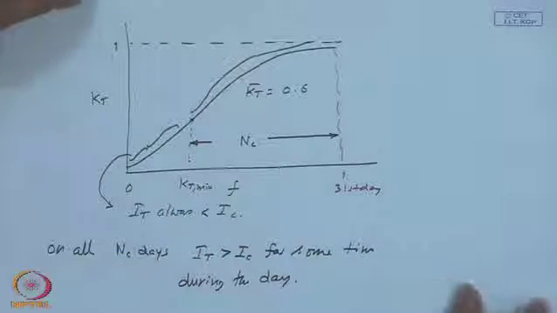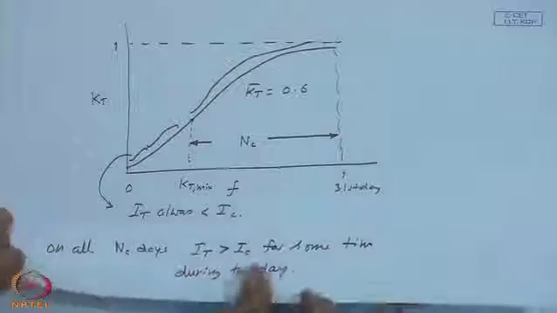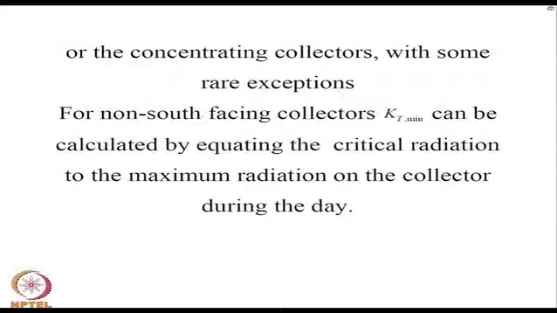In identifying KT minimum, I set the maximum radiation instead of the noontime radiation, because it can take care of, in principle, a non-south facing surface as well as concentrating collectors. Concentrating collectors, by the way, are most of the time symmetric and the maximum occurs at the solar noontime only, except in the third mode of tracking, where the radiation at noontime may be lower than at some other time, because of that becoming almost a horizontal aperture at the noontime. So, we identify this KT min.